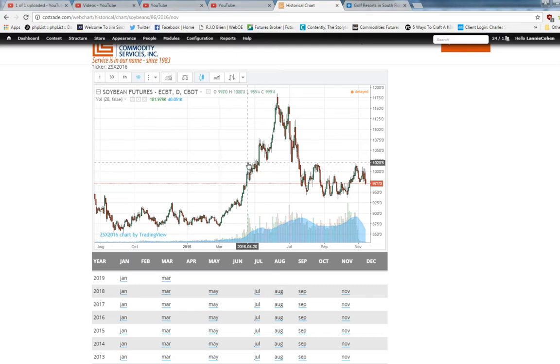If you sold the 10 futures at $10, it runs up to $10.70 here in early June, and then eventually gets up to $11.80. So if you sold them at 10, you're going to be subject to margin calls.